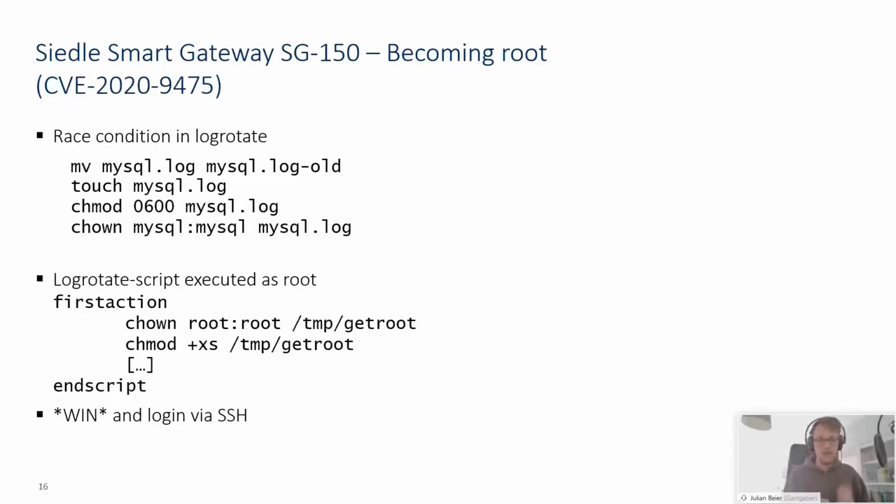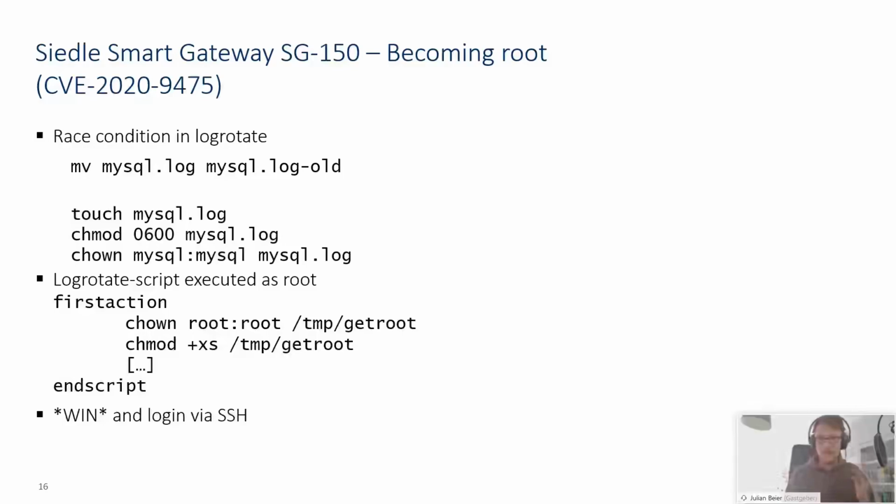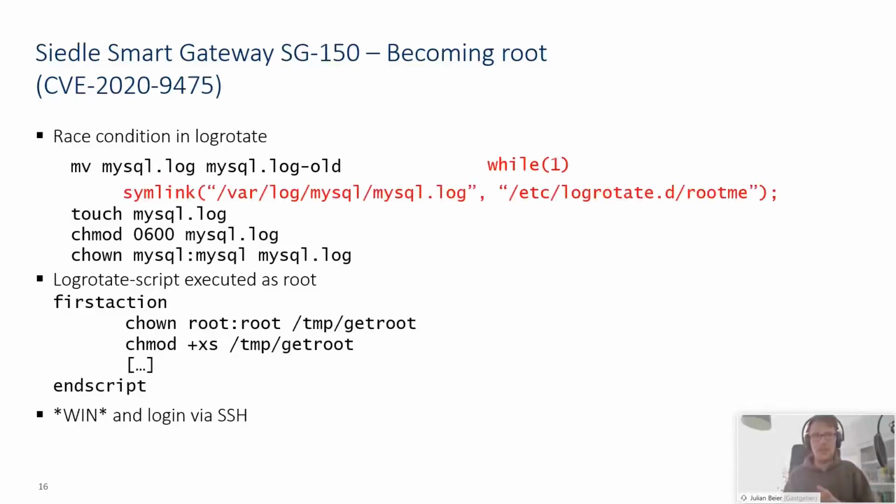The race condition happens in these 4 lines, or the first 4 code lines of this logrotate script here. Basically, it just moves the old MySQL log to mysql.log-old, touches a new log, and gives the rights to that log to the MySQL user. Now, there's a time between the move and the touch where a second process could technically insert a symlink to a different file.